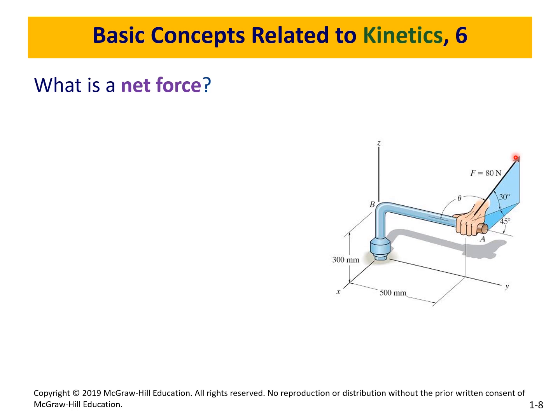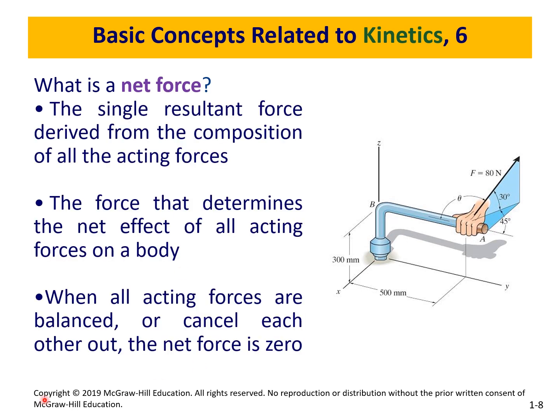Anything between a line of action and a coordinate axis is a coordinate angle. Now, the net force is the summation of all forces on a specific point, right? It's a single resultant force derived from the composition of all acting forces, the force that determines the net effect of all acting forces. When all acting forces are balanced or cancel each other, the net force is 0. That's something we learned about before.